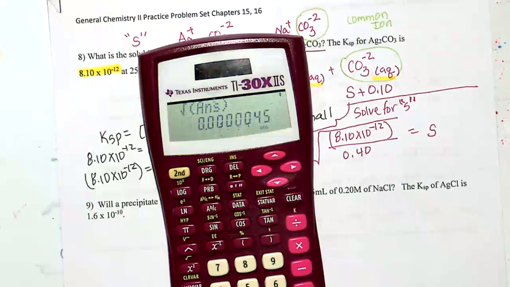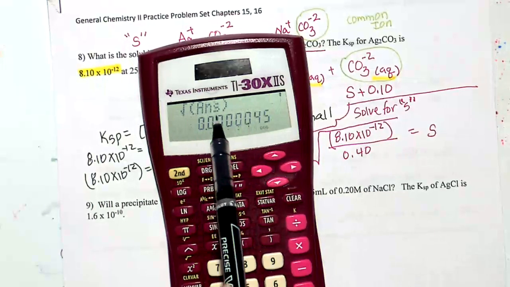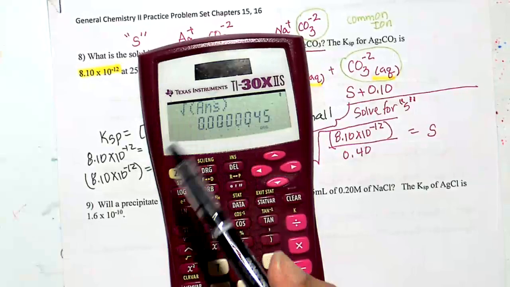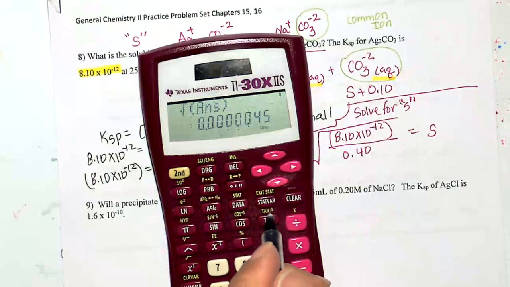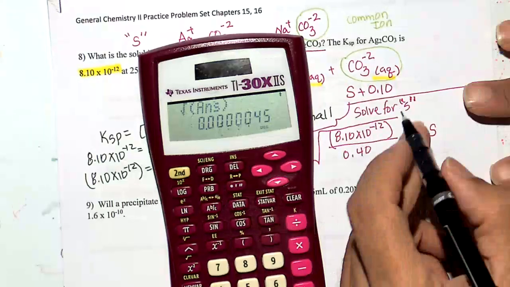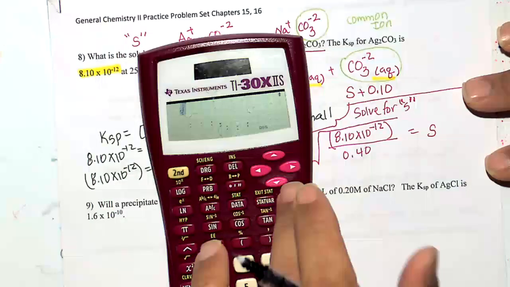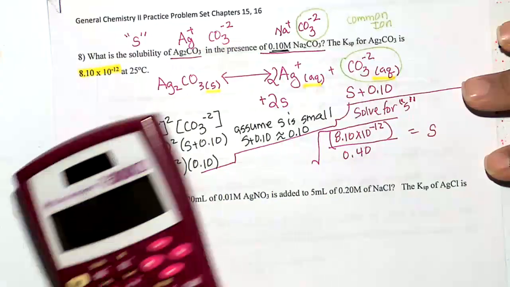I'm getting 0.00045. Let's see here. 1, 2, 3, 4, 5. So 4.5 times 10 to the minus 6. Is that the answer?